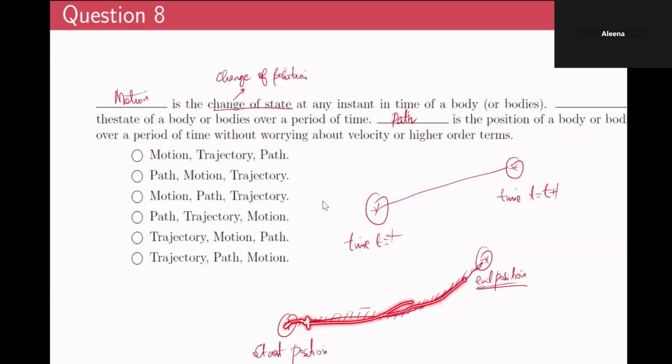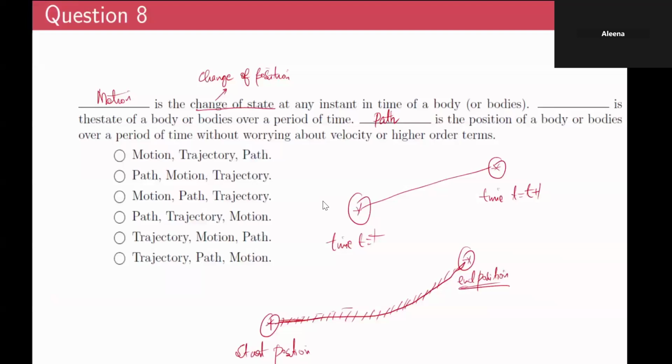And then as it is stopping, it would gradually, very smoothly decelerate. It could be anything, but we don't know. We simply know the path. That's all we know. So that is basically the definition of path. We know the positions, but we have no information about velocities or higher order terms.